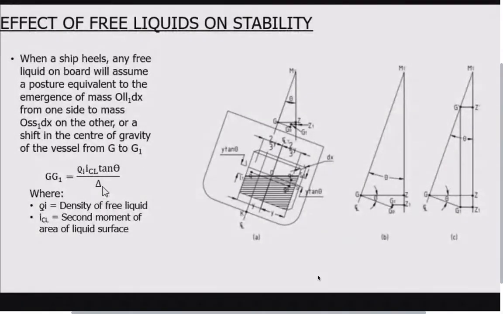So under the effect of free liquid on stability, we have the density of the free liquid in the tank, times the second moment of area of the liquid within the surface. These are the forces within the liquid that actually cause the vessel to incline, times theta, the angle that will form, all over the mass displacement.